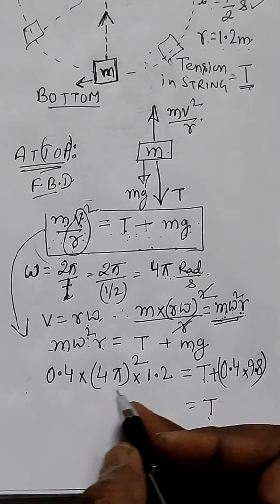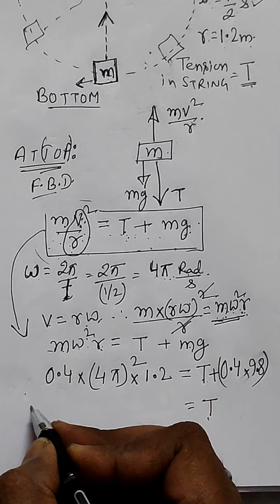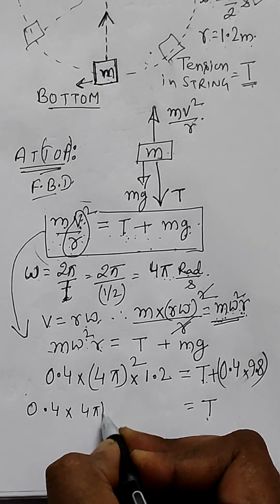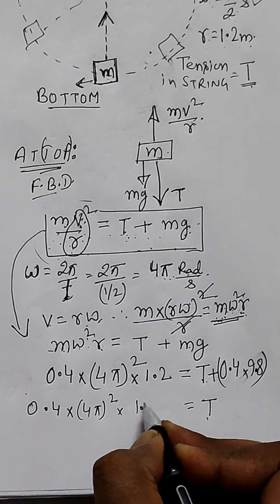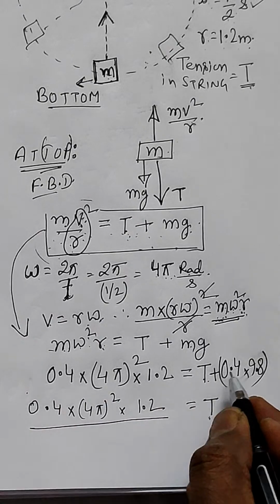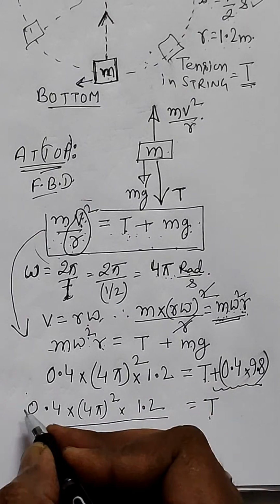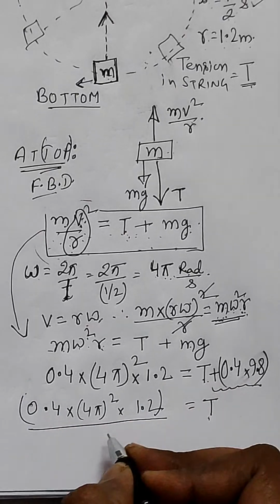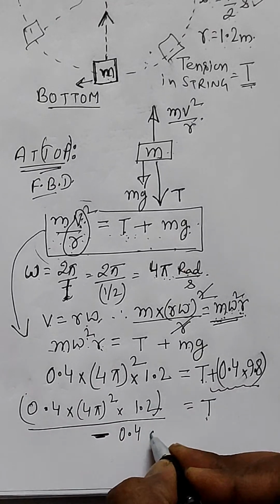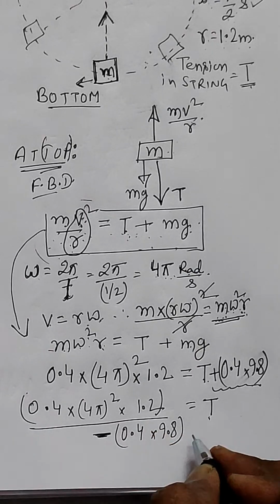What we will have is 0.4 into (4π) whole square into 1.2, and the 0.4 into 9.8 will come into the LHS, so this is minus 0.4 into 9.8, this much of Newton.